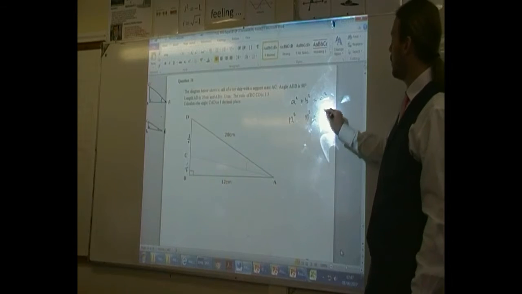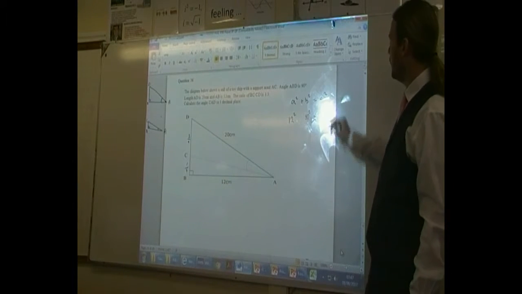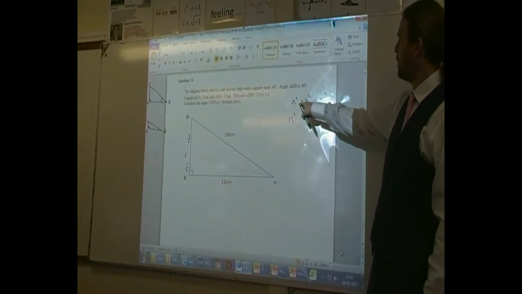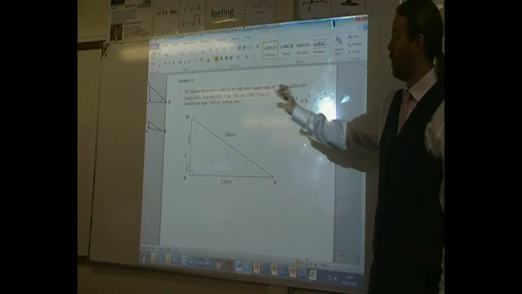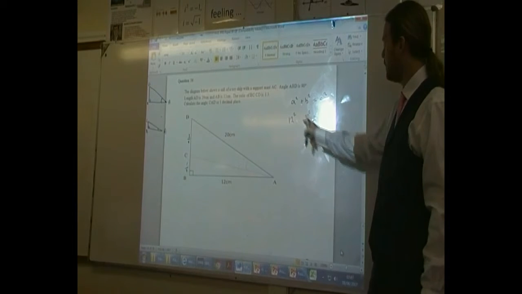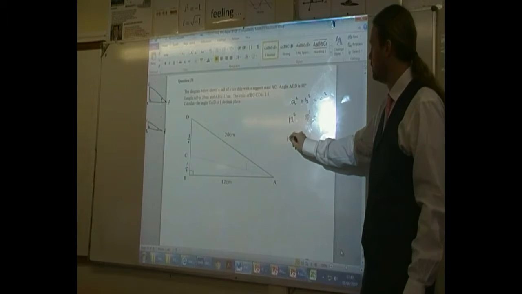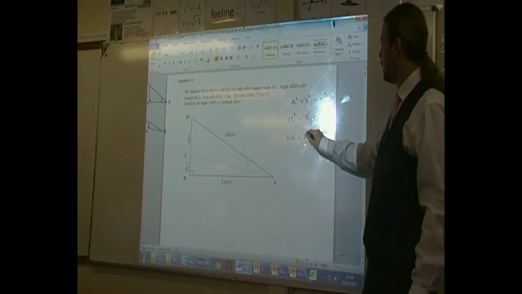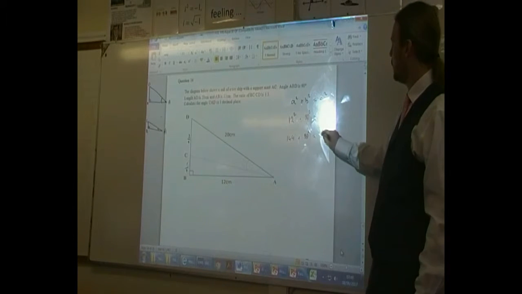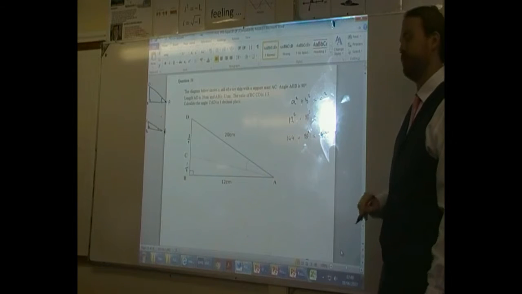And that adds together to make the longer one, which is 20, again, squared. So just put my values into the equation, knowing that that's going to be the longest side, the one opposite the right angle. So we've got 144 plus BD squared equals 400.